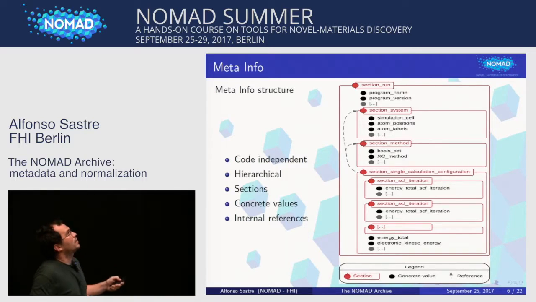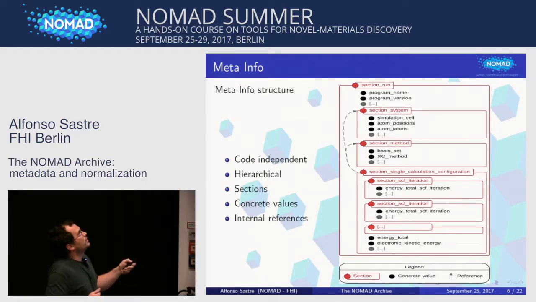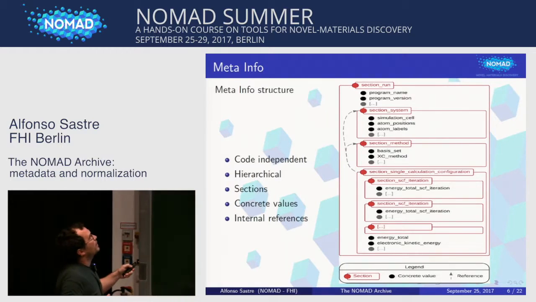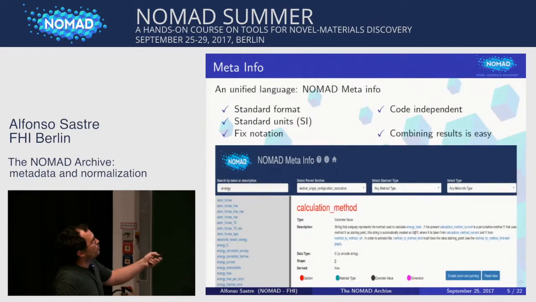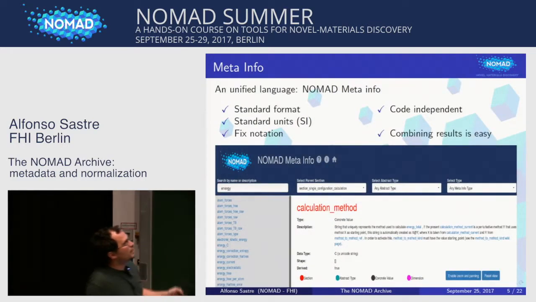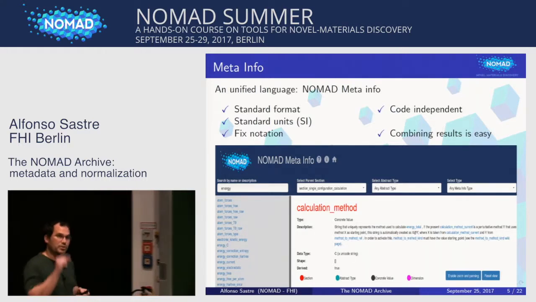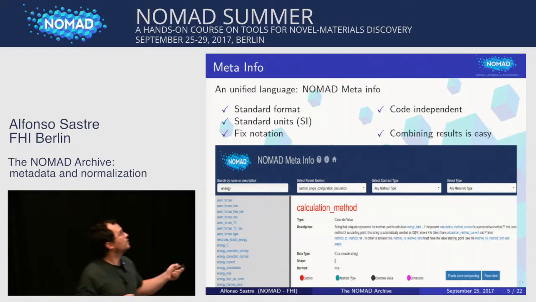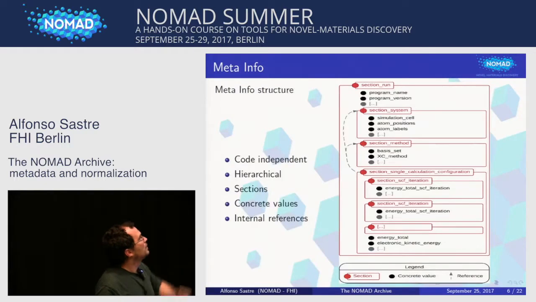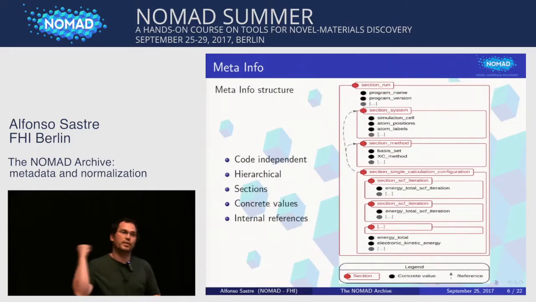And we have several sections that contain several different pieces of information. So each metadata with a concrete value, the final value, is contained in one specific section. If you go to the web page, there is a diagram here, and you can see which section it belongs to and how it's related, okay? We are going to see all this later in the tutorial.